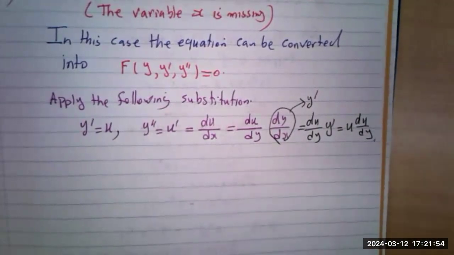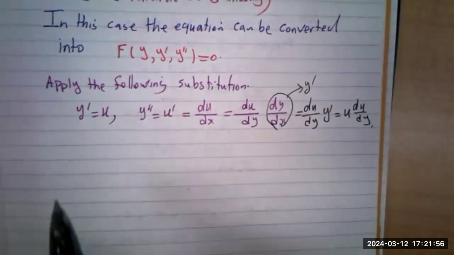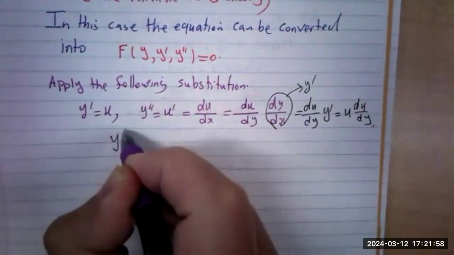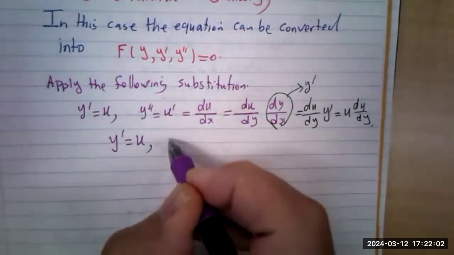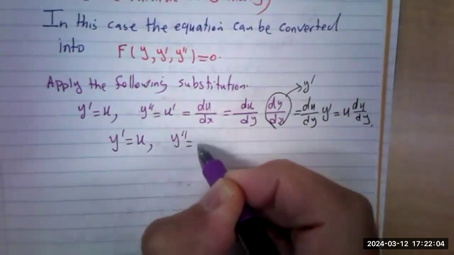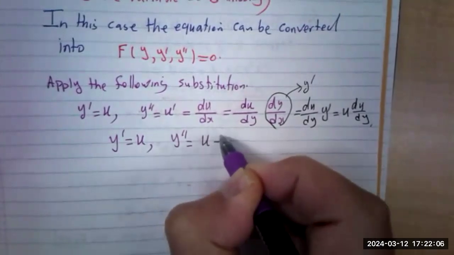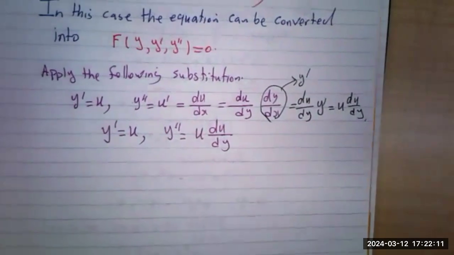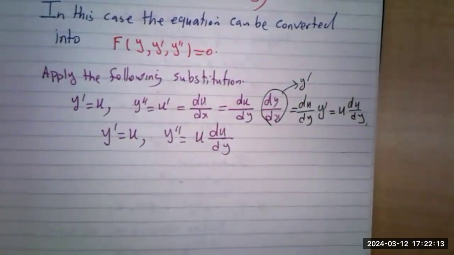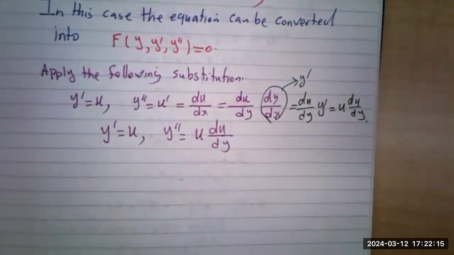So the substitution that you have to use is the following. You take y prime equal to u, and y double prime equal to u du dy. Now that makes sense. If you substitute, you change your equation into the following.